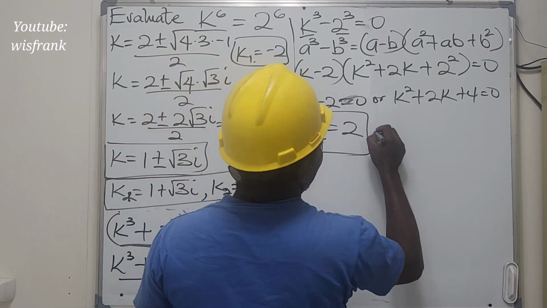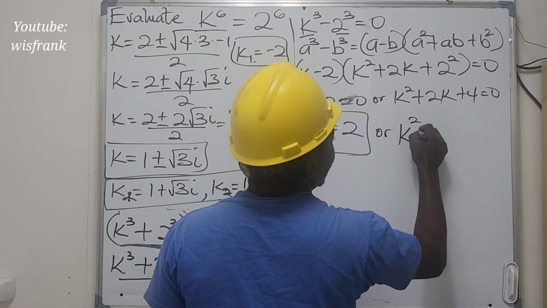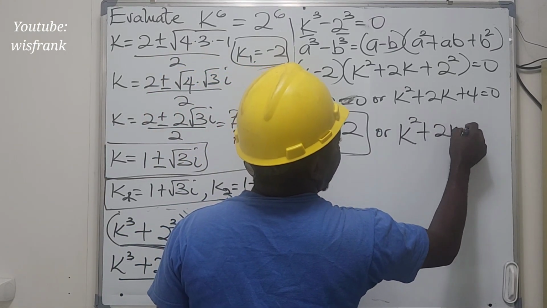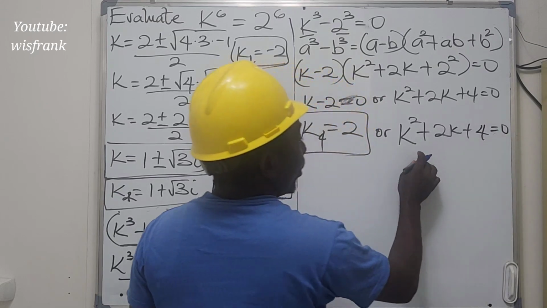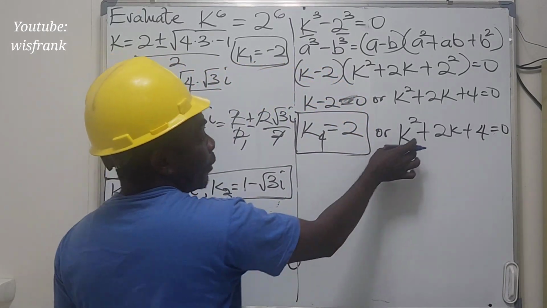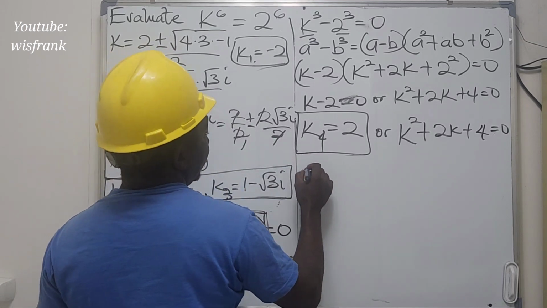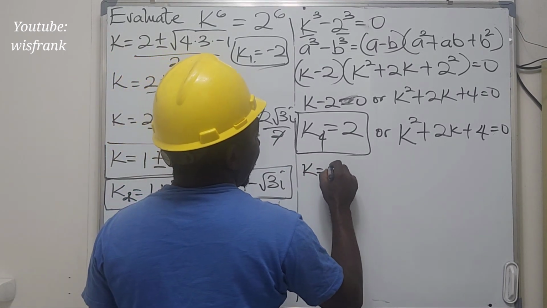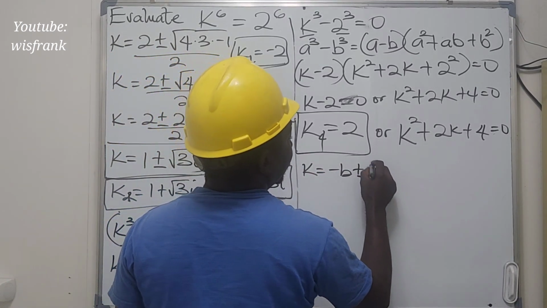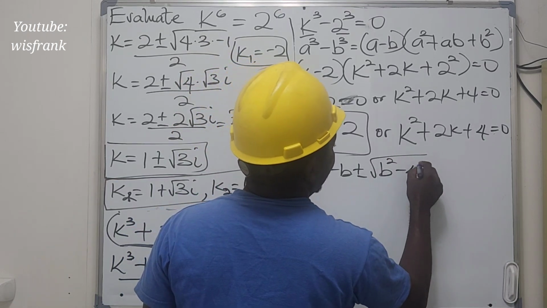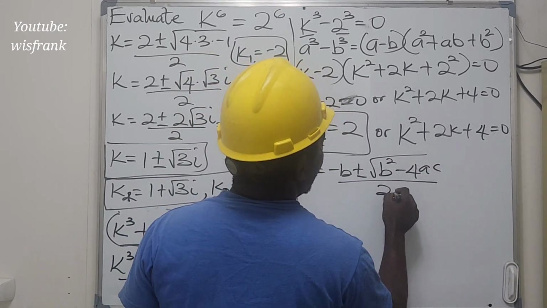The second one is k to the power of 2 plus 2k plus 4 equals 0. We are going to use the quadratic formula for us to find the value of this k. The quadratic formula is in the form k equals minus b plus or minus the square root of b to the power of 2 minus 4ac, all over 2a.